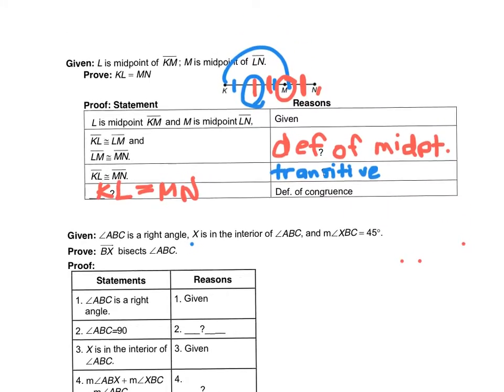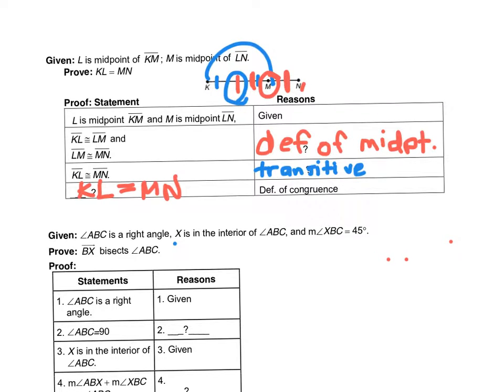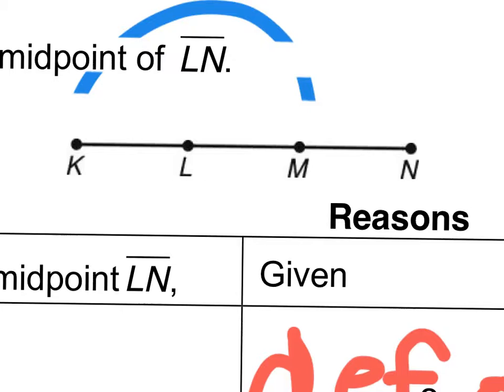I have one on the midpoint still, but I don't understand how do you tell how I know that KL is equal to LM? Well, you got to know what the definition of a midpoint is, right? Even if I didn't give you a proof and I just told you that L was the midpoint of KM, what do you know about that segment?